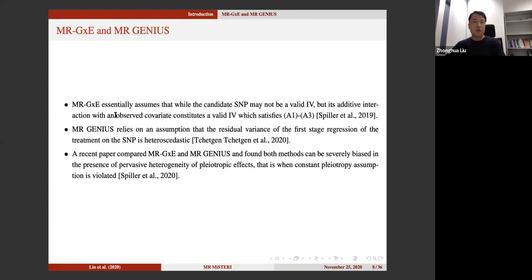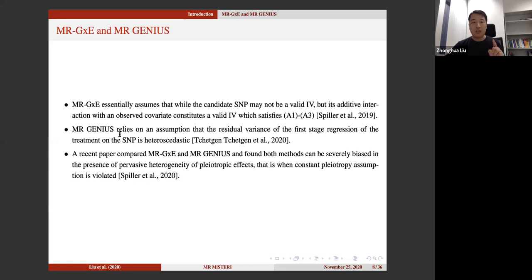There's some previous work on this topic. The first one is called MRG by E. It assumes that while the candidate SNP may not be a valid IV, its additive interaction with an observed covariate is a valid IV, so they satisfy the three core assumptions. Another approach is called MR-genius. MR-genius relies on an assumption that the residual variance of the first stage regression of the treatment on a SNP is heteroscedastic.